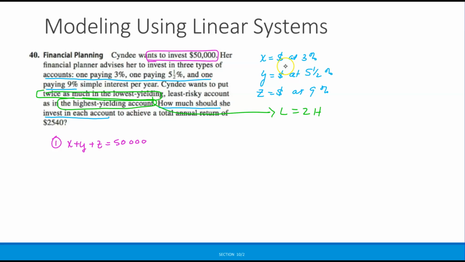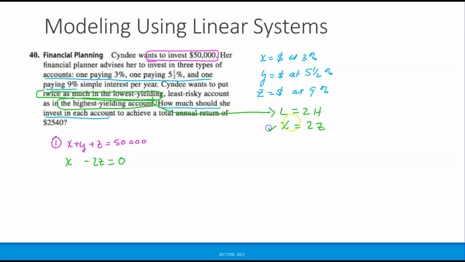In terms of our variables, the lowest yield is X, the highest yield is Z. The highest yield was 9%, that's going to be Z. So there's our equation: X minus 2Z is equal to 0.